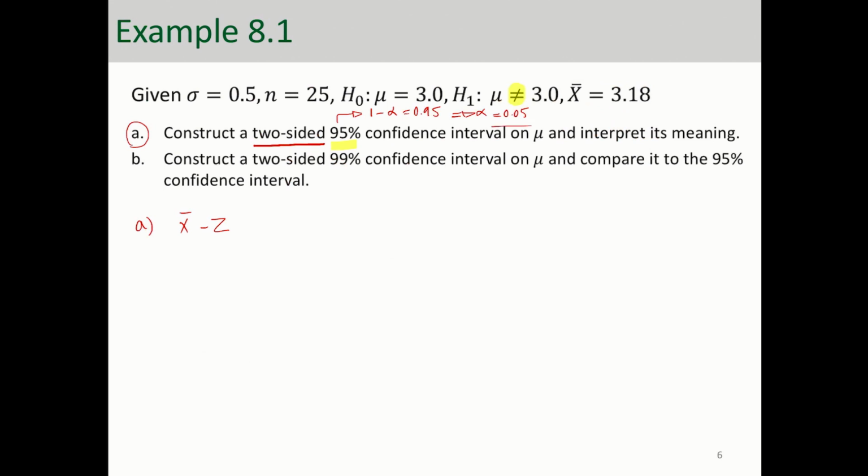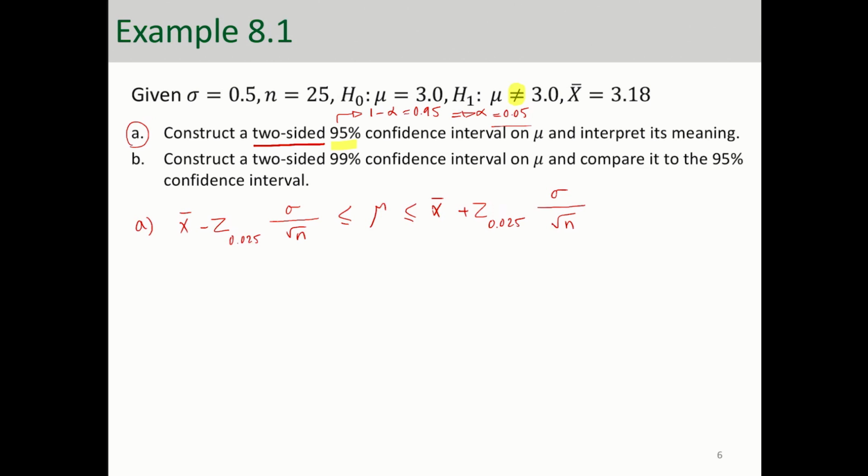Since alpha is 0.05, it's going to be z of 0.025 times sigma over square root of n. And the upper limit is x bar plus z of 0.025 times sigma over square root of n.